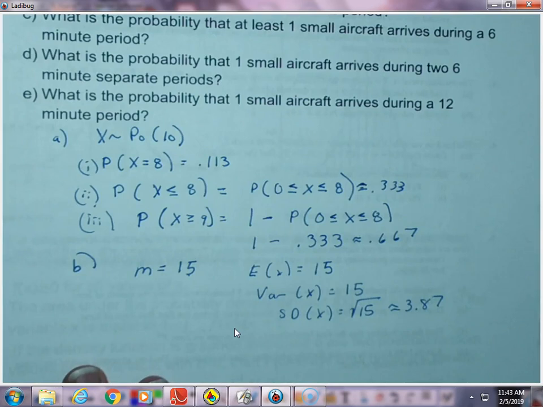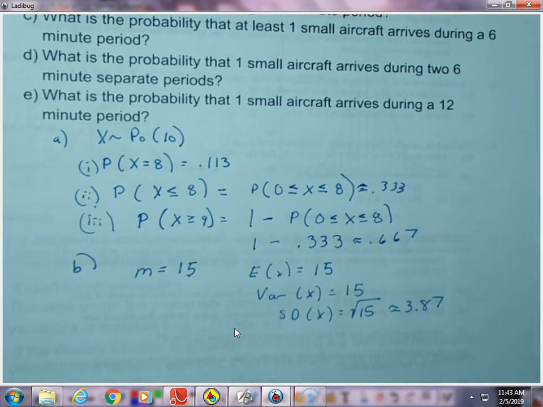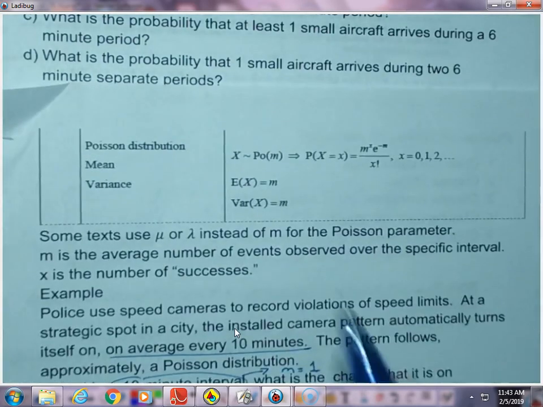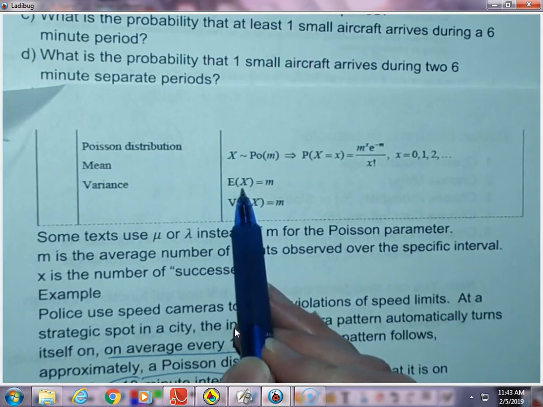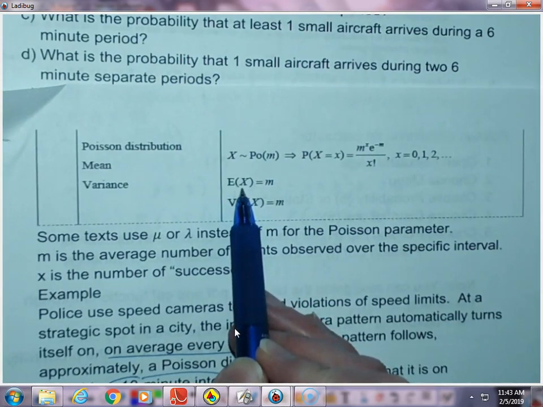So when it says what's the expected value, does that just mean the mean? Yes. The mean and expected value are used interchangeably, which I always forget.